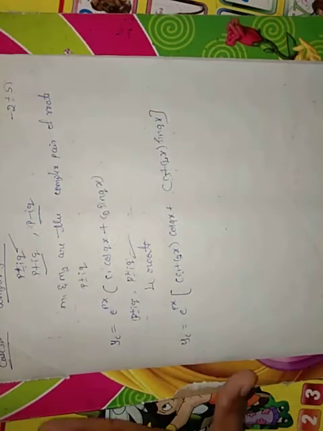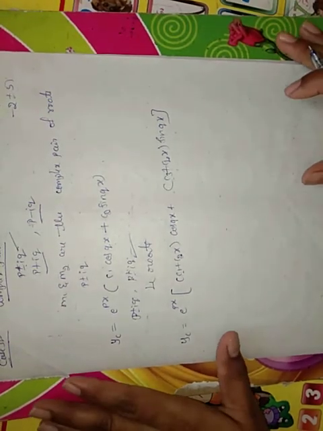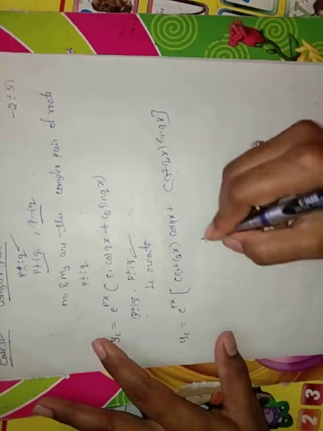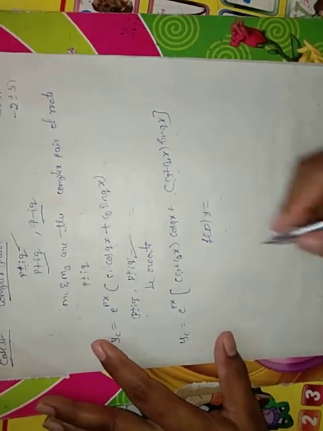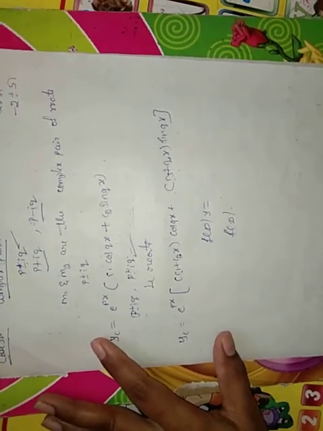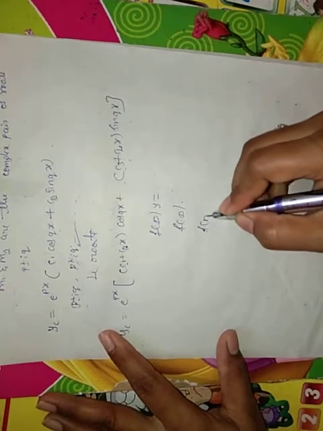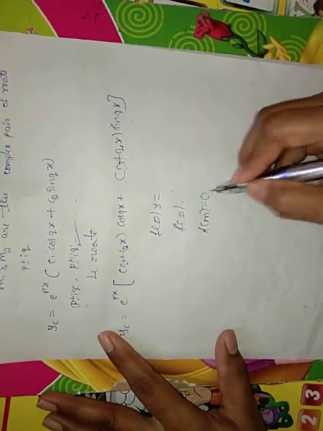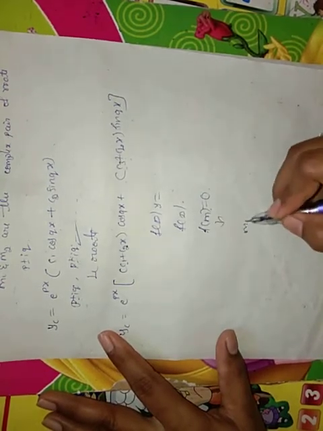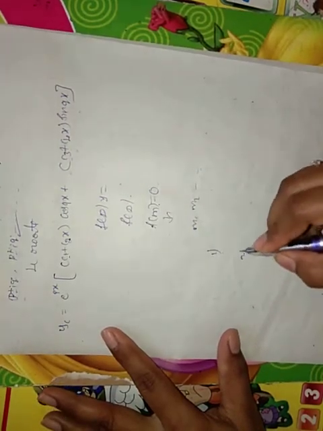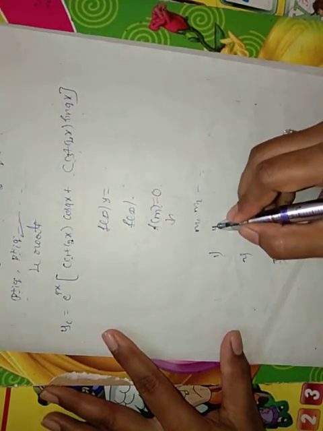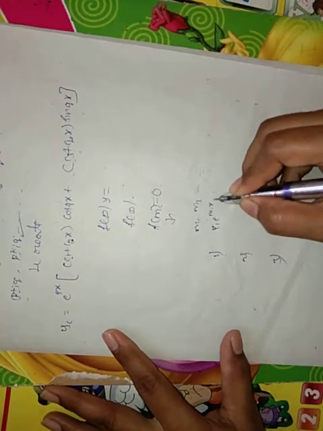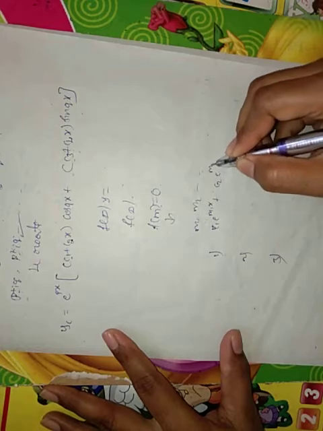To find the complementary function, first write f(D)y, then take f(D), form f(m) equal to 0, and find the roots m1, m2 and so on. Based on the roots you write the complementary function. If the roots are real and distinct, it is c1 e^(m1x) plus c2 e^(m2x), and so on.